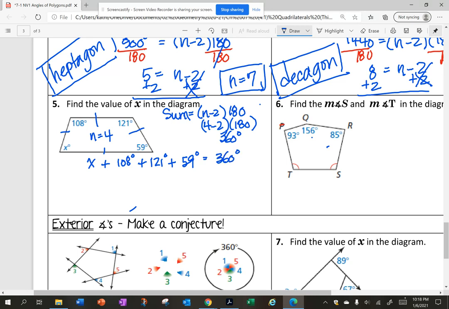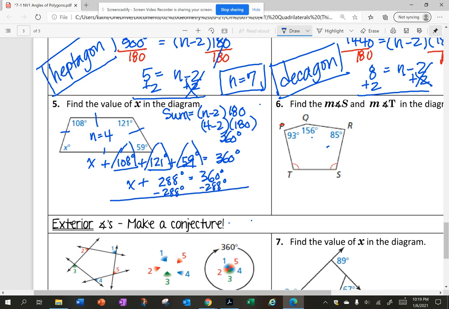So I want to combine like terms. x plus 108 plus 121 plus 59 is 288, equals 360 degrees. I'm going to subtract 288 degrees from both sides. And I get x equals 72 degrees.